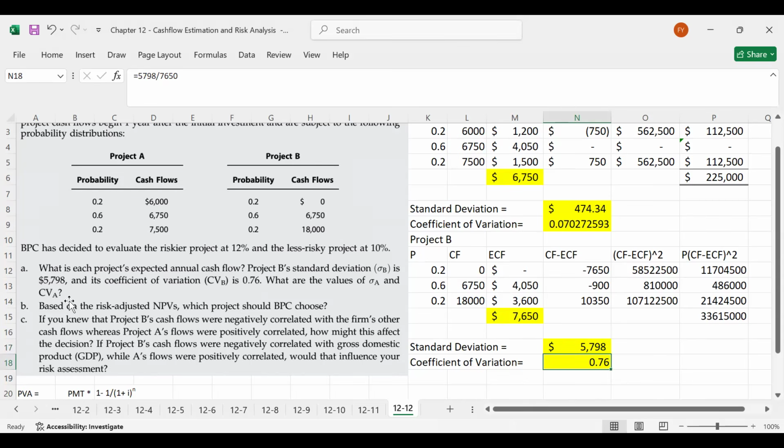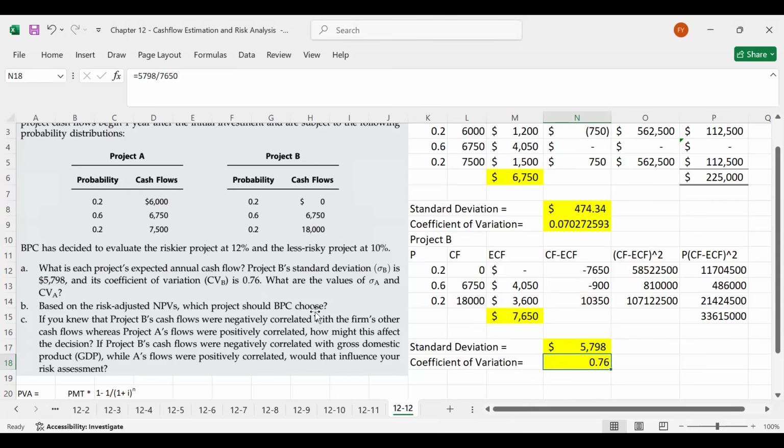The next requirement is based on the risk adjusted NPVs: which project should be chosen by the company. So now we are going to evaluate which project is best for the company based on the calculation of risk adjusted NPV.